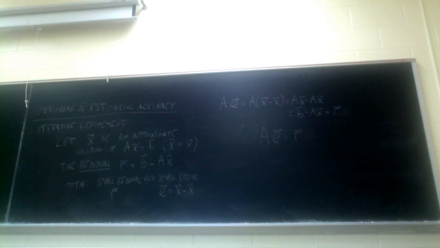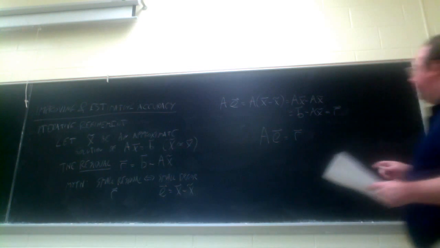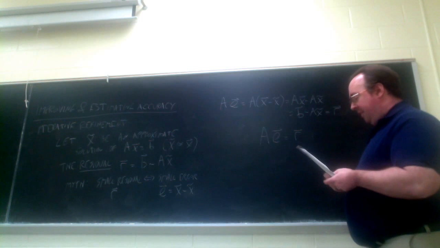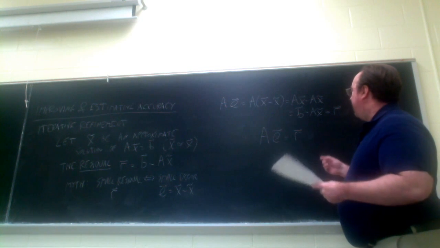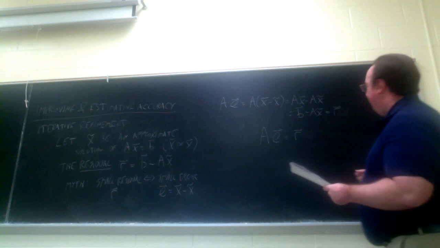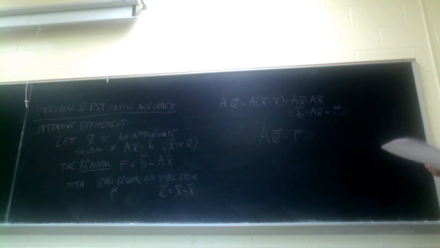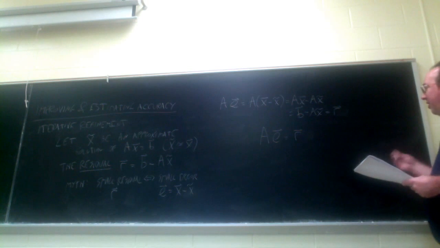But we can also use this relationship to actually improve x tilde, to get a better approximation of x. But first I want to use this relationship to get ideas about the worst case, as far as the error estimate in terms of the size of a residual, at least the size of a residual you would know.